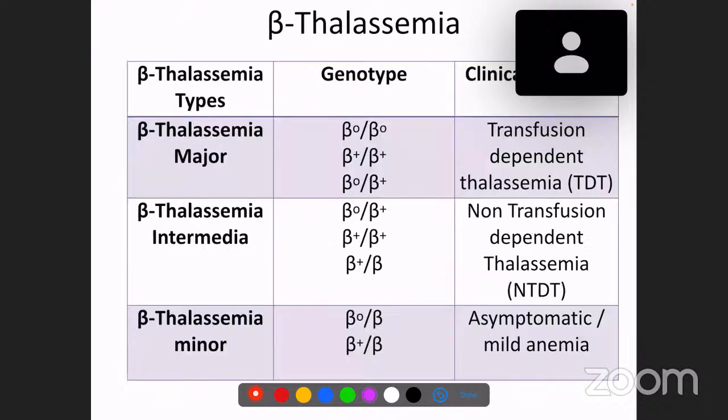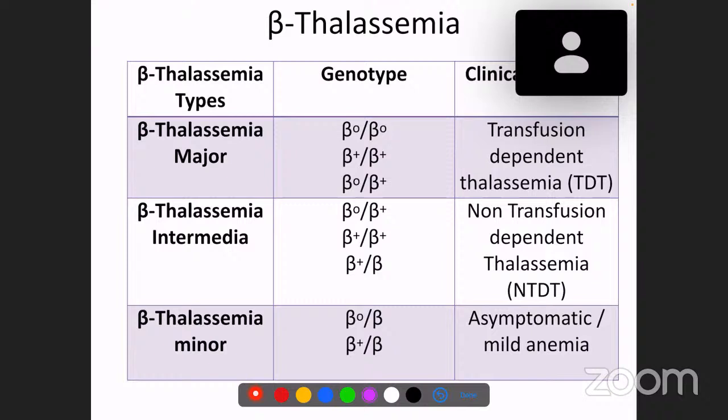Very important MCQs. Coming to the classification, we classify beta thalassemia into 3 categories: major, intermedia, and minor. Whenever we have major, it should be beta 0, or both beta plus but with maximally reduced synthesis, or one beta 0 and the other beta plus, but with very, very reduced globin synthesis.